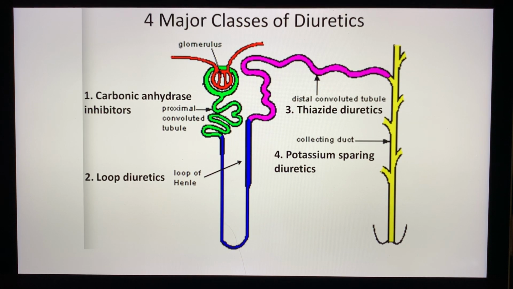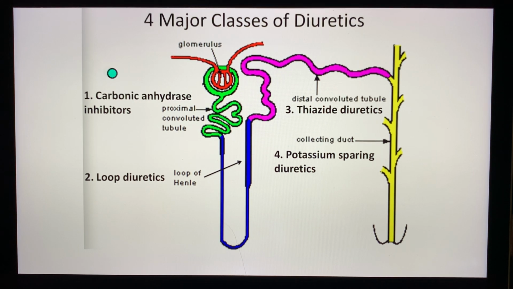It is very difficult to proceed with the mechanism of action, the clinical indications, the drug toxicities, and the pharmacokinetics, unless you know where in the nephron these specific diuretics would exert their mechanism. So let's recap. 4 major classes of diuretics.